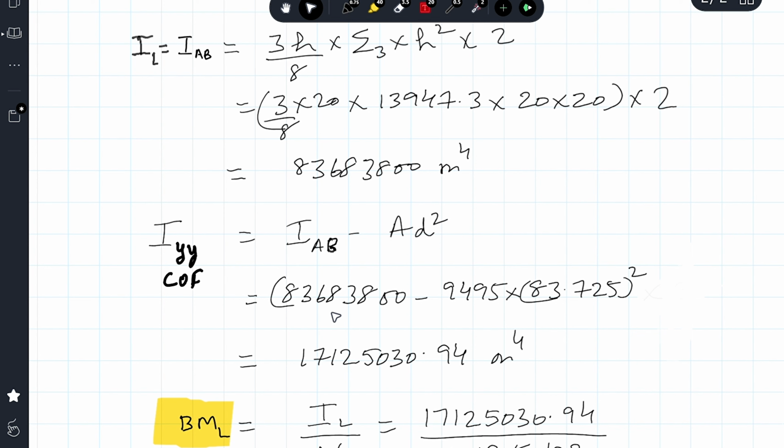So moment of inertia about aft end 8368380 here, minus area of the water plane, the full water plane 9495, into distance between the two axes, means distance of the center of rotation from the aft end, 83.75 squared, and I get 1712503.94 meters to the 4.